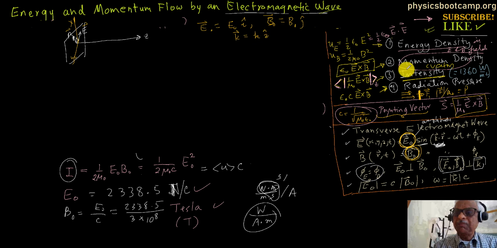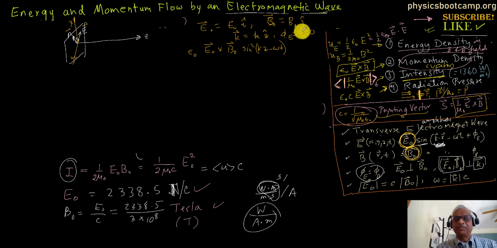So we have a momentum density of epsilon naught E0 cross B0, and the sine is the same, so sine squared of kz minus omega t, and we could choose phi_E equal to phi_B equal to 0 as the phase constants. And so this is going to be the momentum density, let's call it little p.